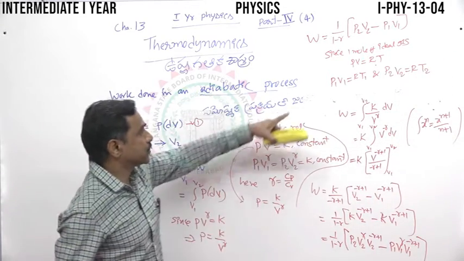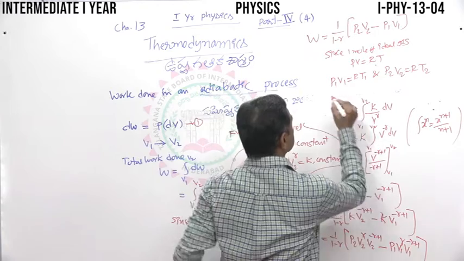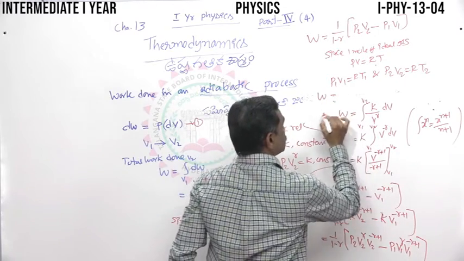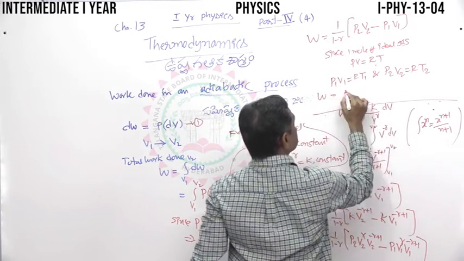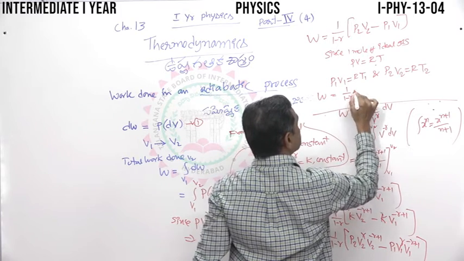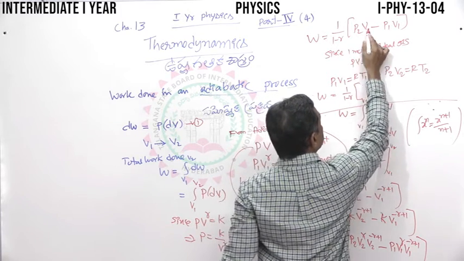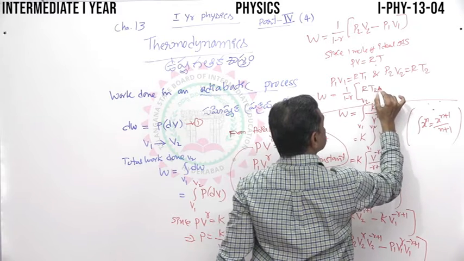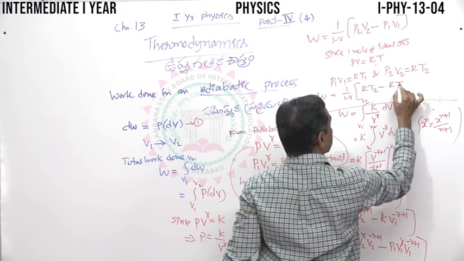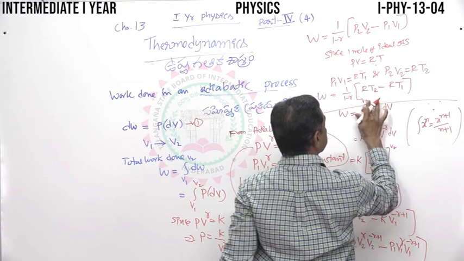Now, substituting this data in the above expression, the work done is given by 1 by 1 minus gamma, where P2 V2 is replaced by RT2 minus RT1.